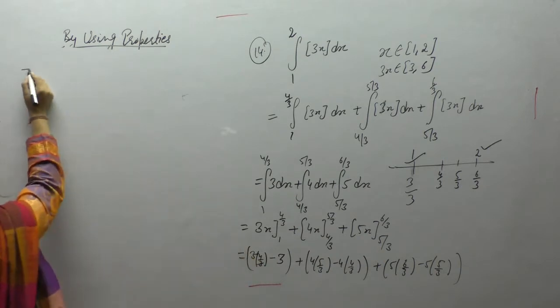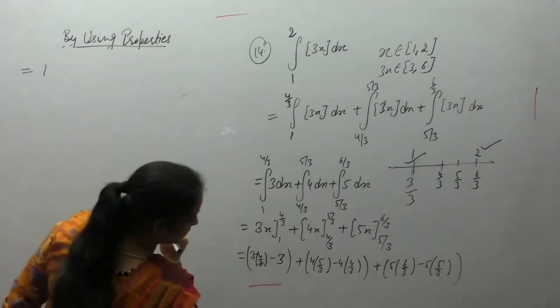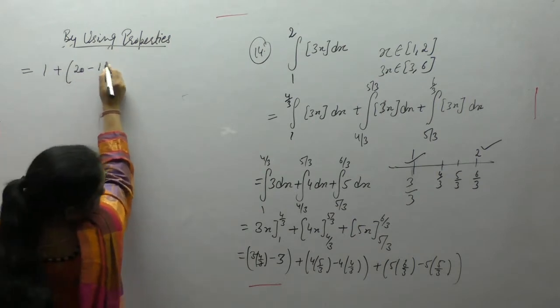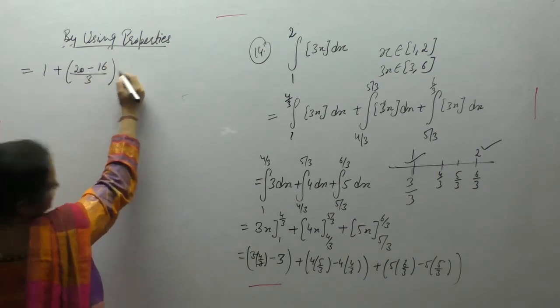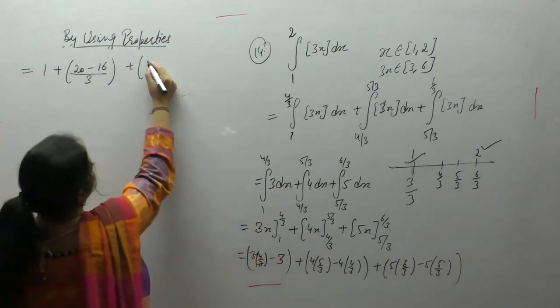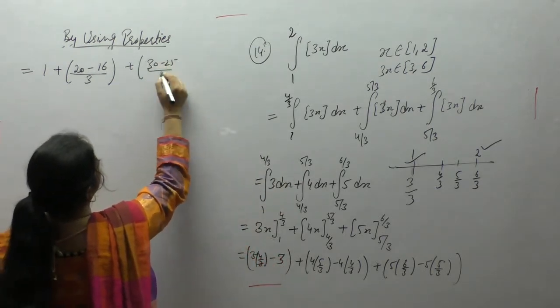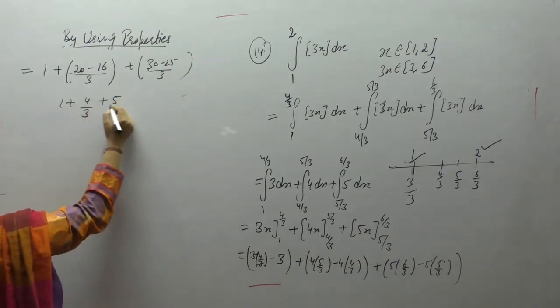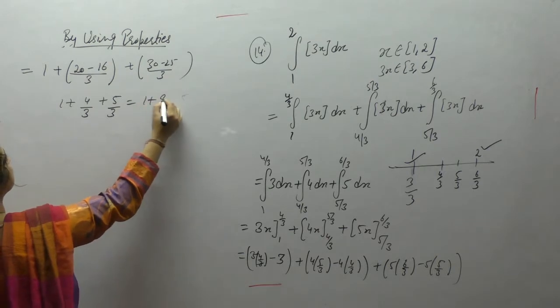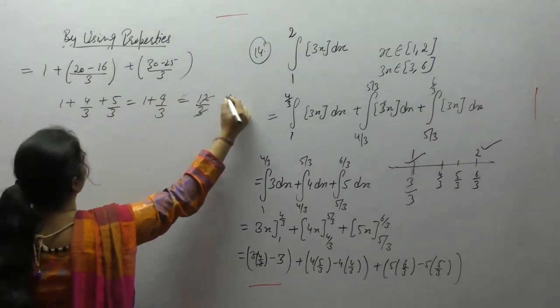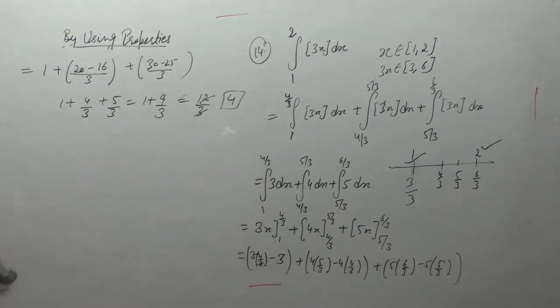Four minus 3 is 1. 5 into 4, 20, minus 4 into 4, 16, 5 into 6, 30, minus 25, 12 by 3, 4.